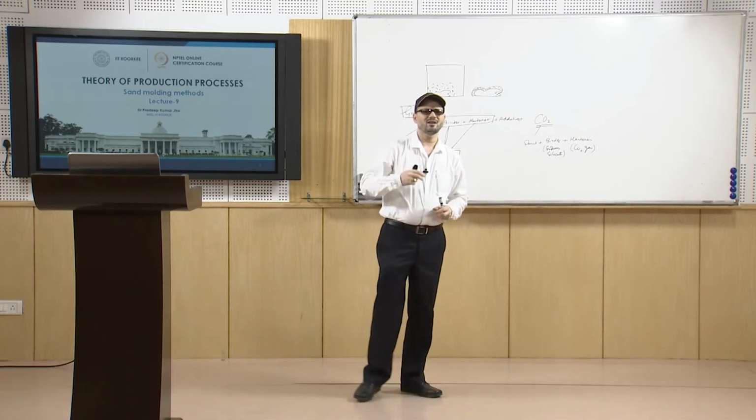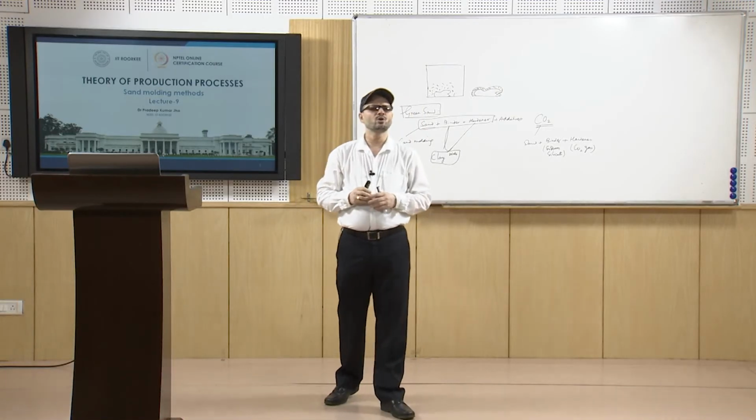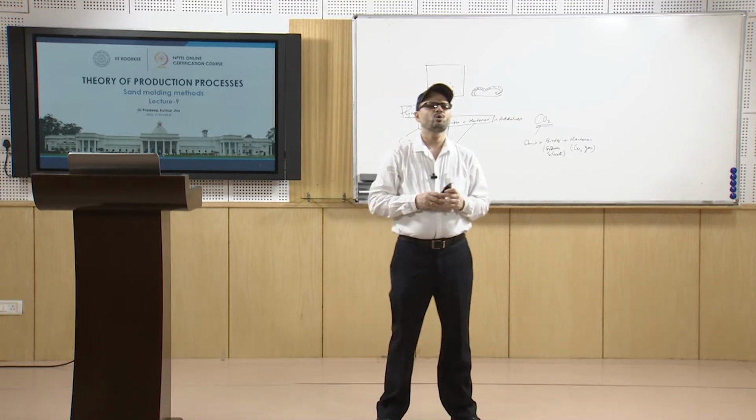Now, talking about the molding process, if you talk about green sand molding, these are the steps. Once you prepare the pattern, then you make the sand mold, as we had seen in the earlier lectures. Then core setting is done.